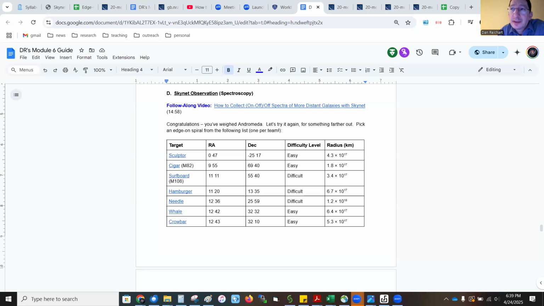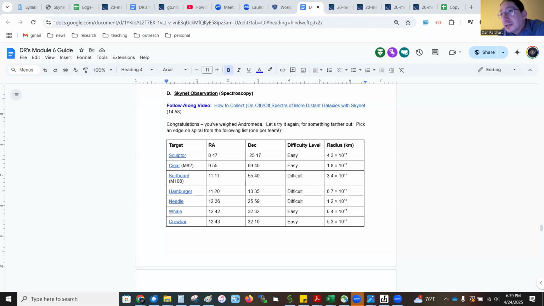All right. So in this module, we are studying edge-on spiral galaxies in the radio. In the first half of the module, we focused on Andromeda, the closest example of an edge-on spiral galaxy. It's our sister galaxy.